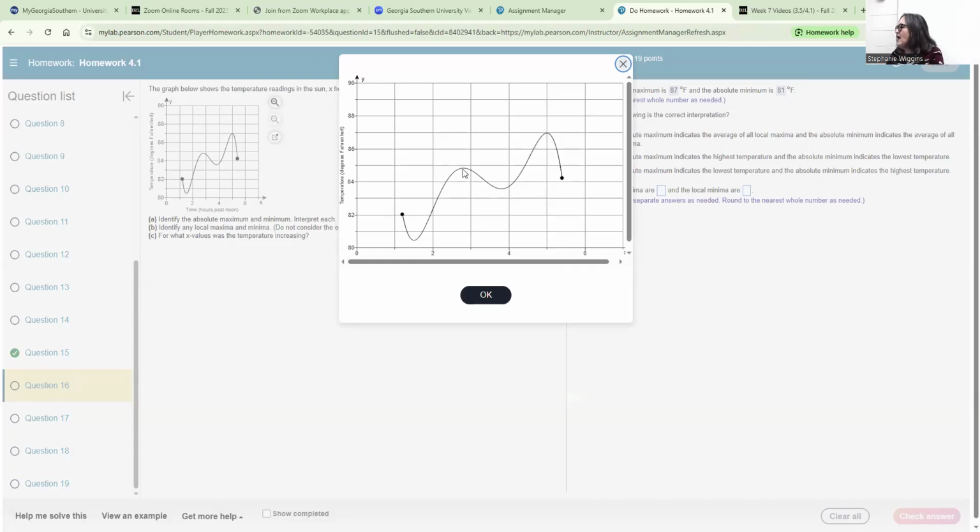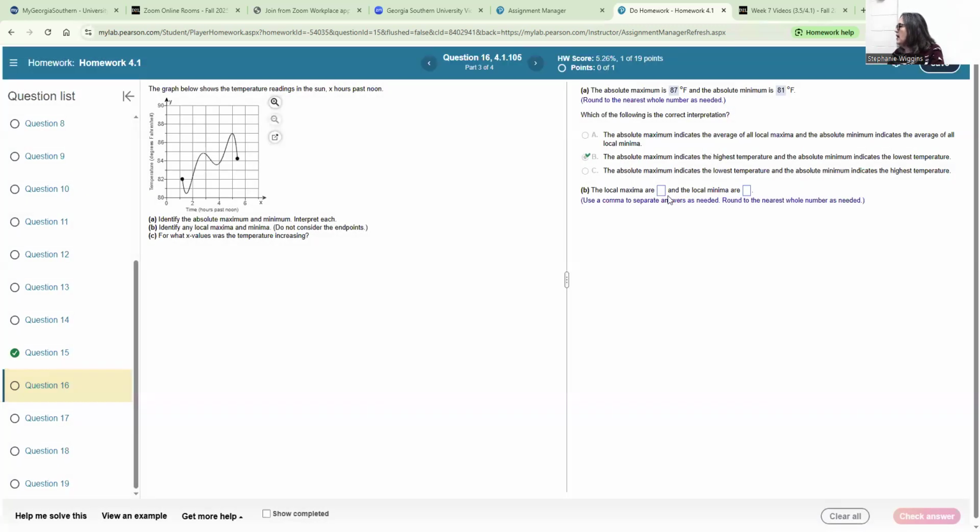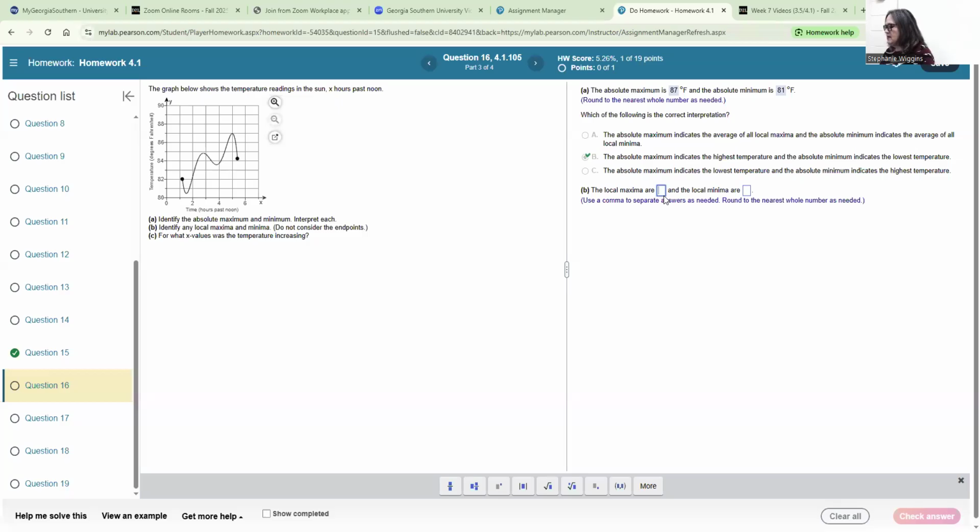And then here we have a maximum of, it looks like, 85 and a minimum of 84, let's say. So 87 and 85 are the local maximums, and 81 and 84. Okay, so the local maxima are 85, 87, and the local minima are 81 and 84.